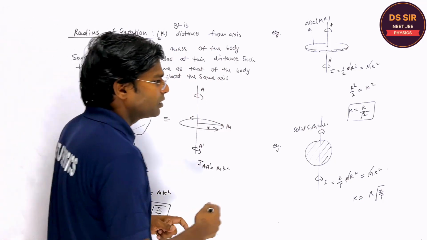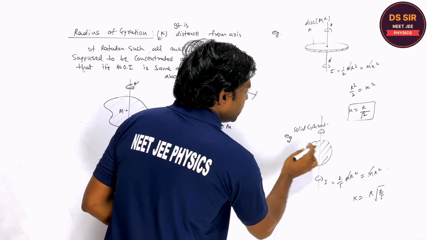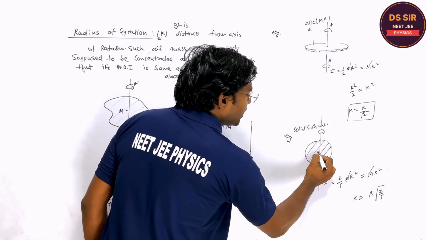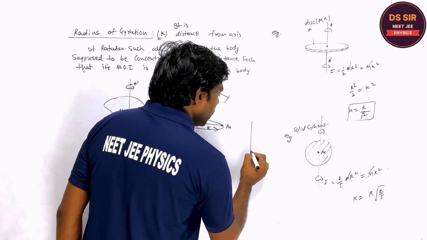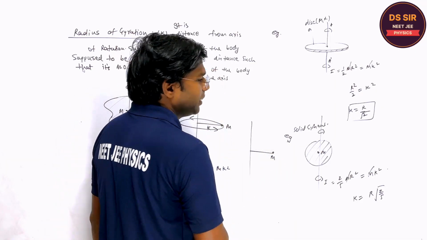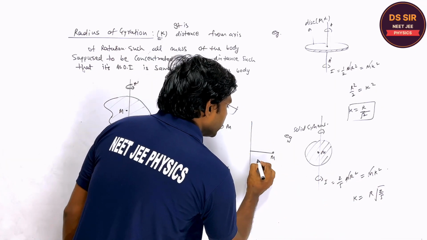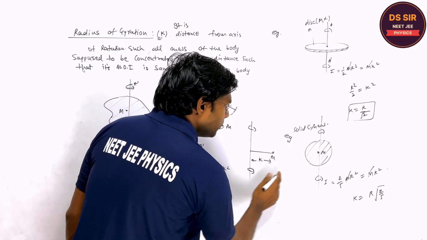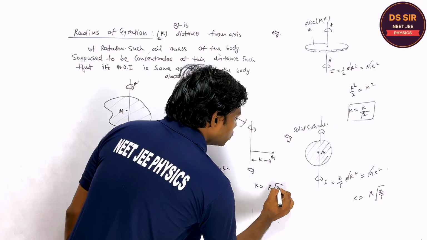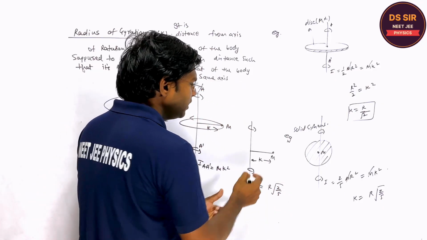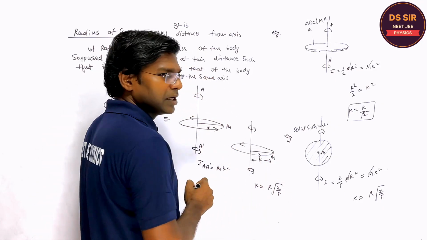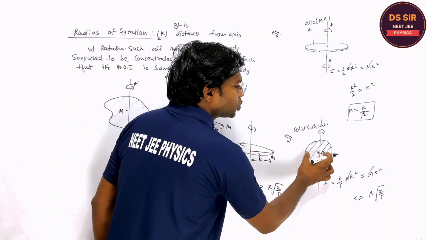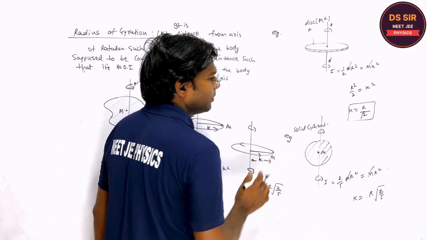Radius of gyration, what does it mean? Listen to one thing. Suppose this is the system. About this axis, if the mass of the solid sphere is m, I can assume that this mass is placed at a distance k. This is the distance where all the mass is supposed to be concentrated, and when it moves, it will produce the same moment of inertia which is produced by this solid sphere about the same axis.